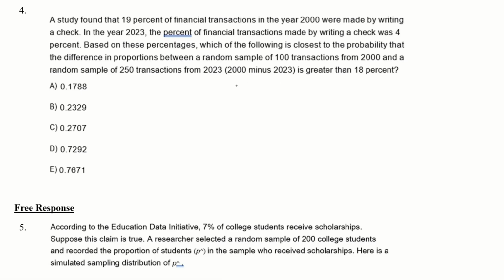So we're basically doing P1, and this is going to be P2. This is going to be number 1, this is going to be number 2. Number 2 is 2023.